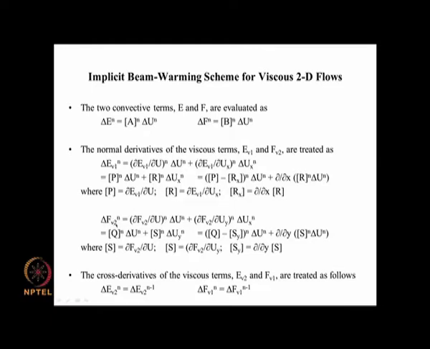Similarly, delta FV2n is written as this, again FV2 is a function of both u and dou u by dou y. So you have dou FV2 by dou u evaluated at the nth time step times delta un, which gives part of delta FV2, and the part which depends on dou u by dou y is obtained in this way: dou FV2 by dou u y evaluated at the nth time step, a known quantity, times delta u y.